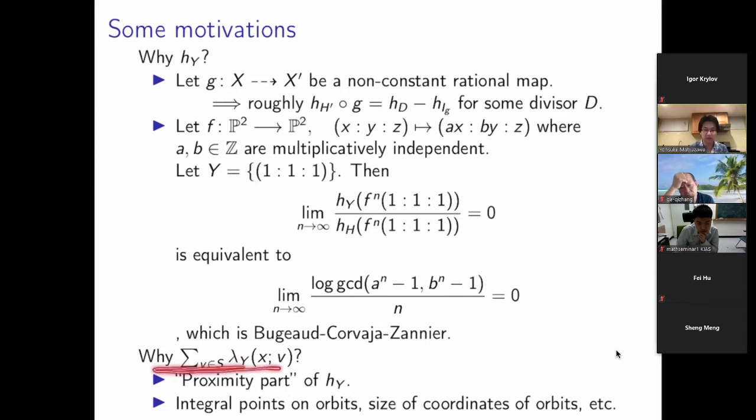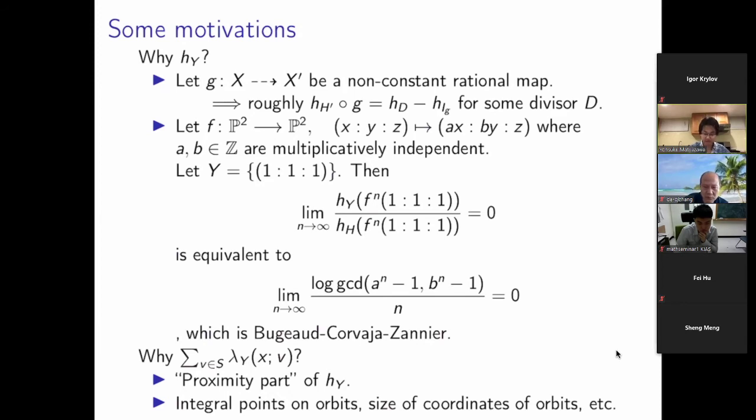So what about the local height function? So of course, h_Y is the sum of local height functions. So this partial sum approximates the global height function. So understanding this sum is a first step to understanding the global height function. So we can consider this a proximity part of the global height function.